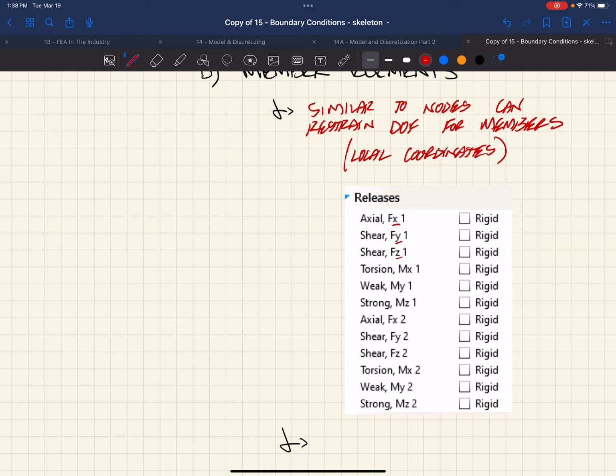In VA, it's helpful because it also has a design software capability, right? So even in the educational version, the steel design software is a capability. So it'll take all of these shear and axial forces, right? Shear in the weak axis and the strong axis, axial load, and then torsion and weak and strong flexure, say in a wide flange section.